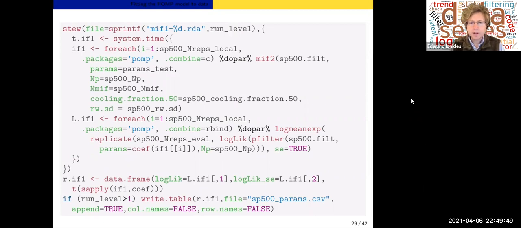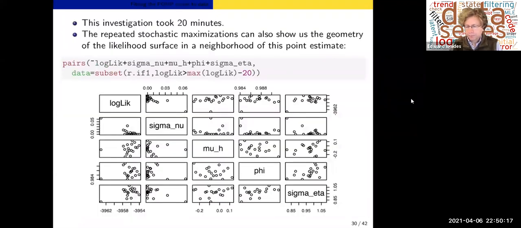The key thing here is the call to MIF2, and we're going to use foreach to do the parallel search, and then we're going to do some likelihood evaluations once we're done. This is pretty similar to what we've seen before. So this particular investigation took 20 minutes. This was at run level 3 on a cluster.